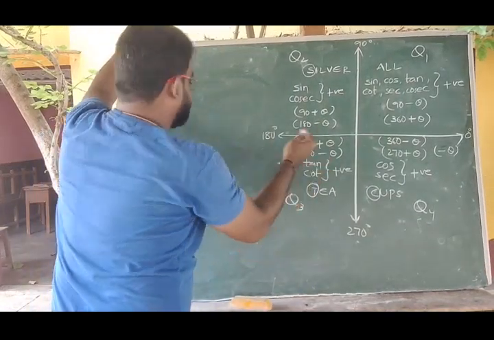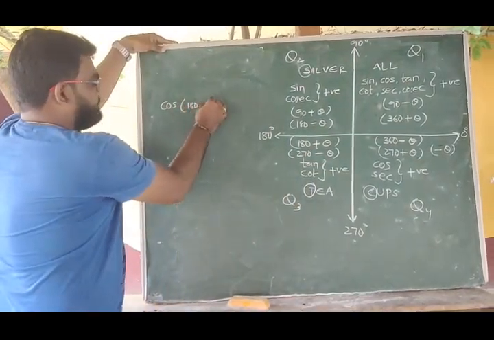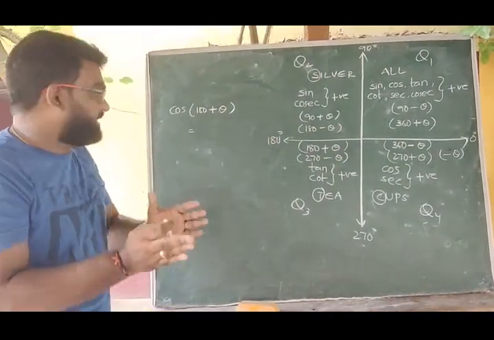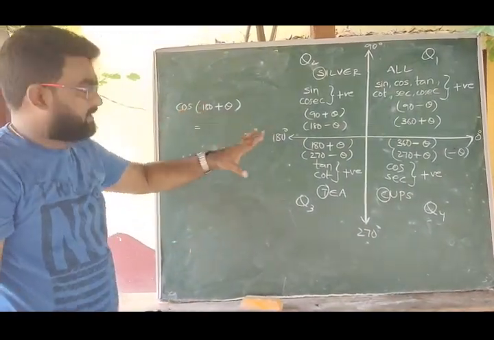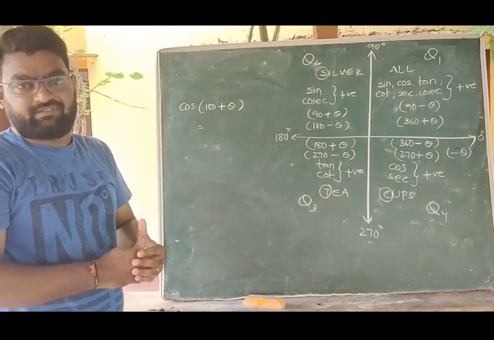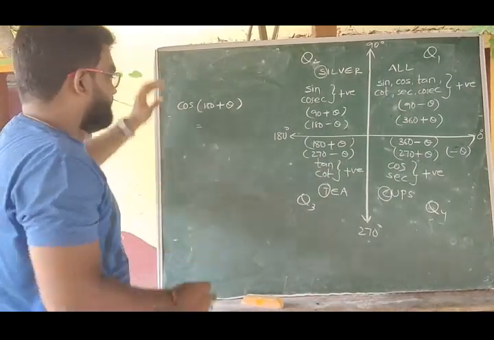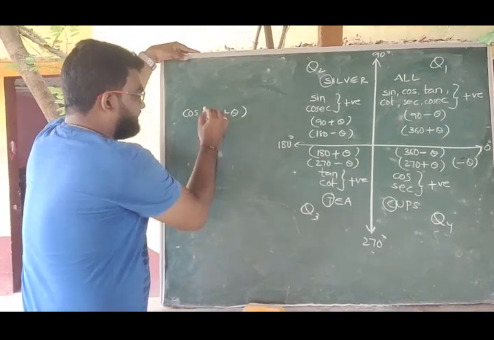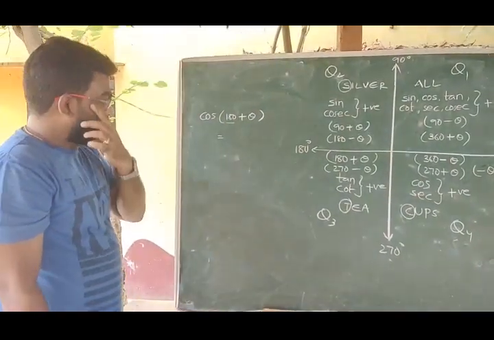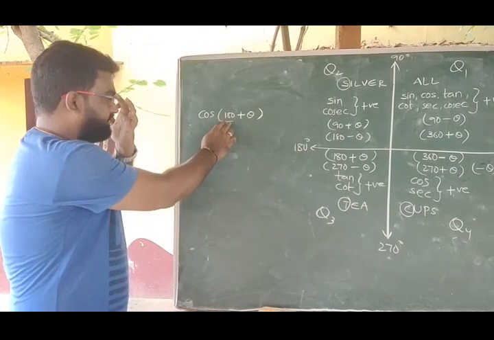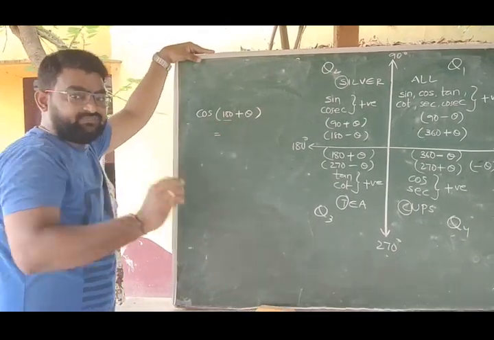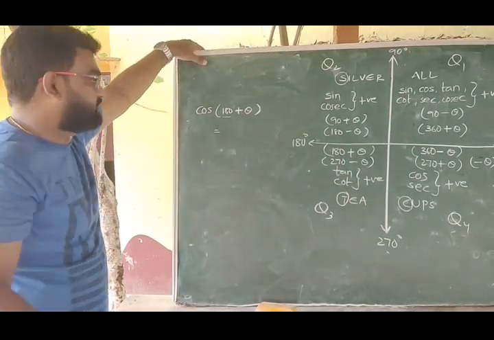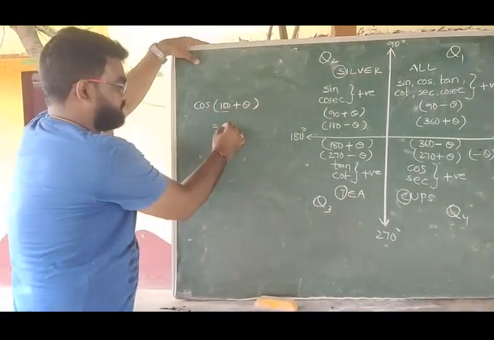For example, I selected 180 plus theta. So now, how to find the value of cos of 180 plus theta? By using this All Silver Teacups. First we have to check whether the angle is even or odd. 180 is an even number, and as I already explained, if the angle is even, the ratio will not be changed. It means cos remains cos.